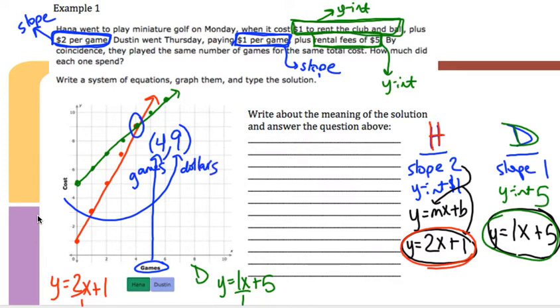So, write about the meaning of the solution and answer the question above. How much did each one spend? So, I'm going to just start writing an answer to this question. Dustin and Hannah both spent $9.